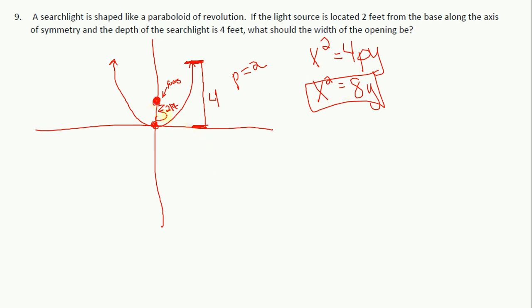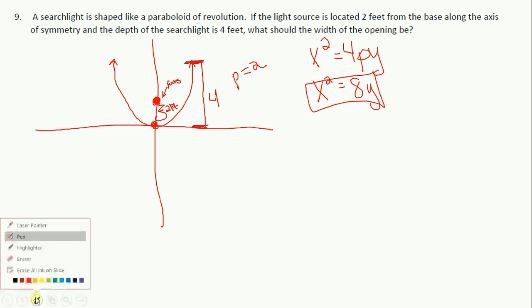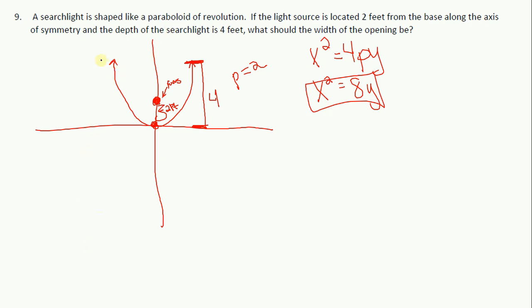Now, they want to know what the width of the opening should be. So they want to know, if I can change my color here quick, what is from here to here. So that tells me I need to start making an equation somehow.